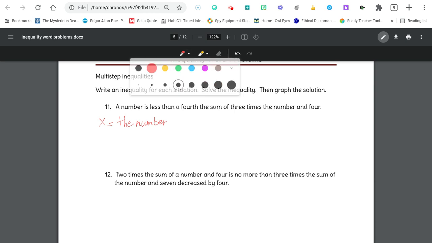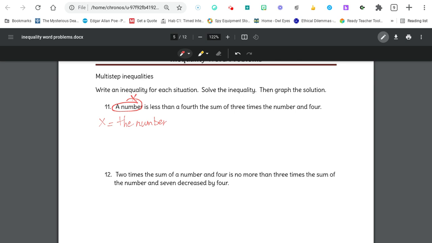Let me see if I can make this a little thicker. There we go. So a number, that's going to be x, is less than, be careful, because that could mean minus or less than, okay? A fourth the sum of 3 times the number and 4. That's going to be x again, okay?